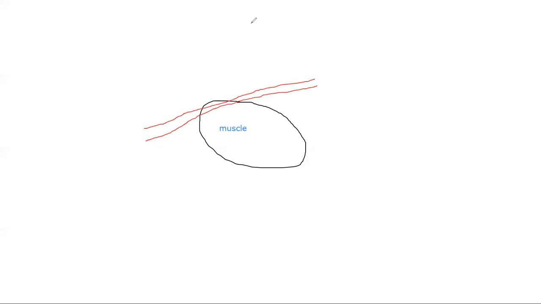So I'm going to draw this again. This is the muscle. This is the capillary. So we have hemoglobin here bound to oxygen coming into the muscle.